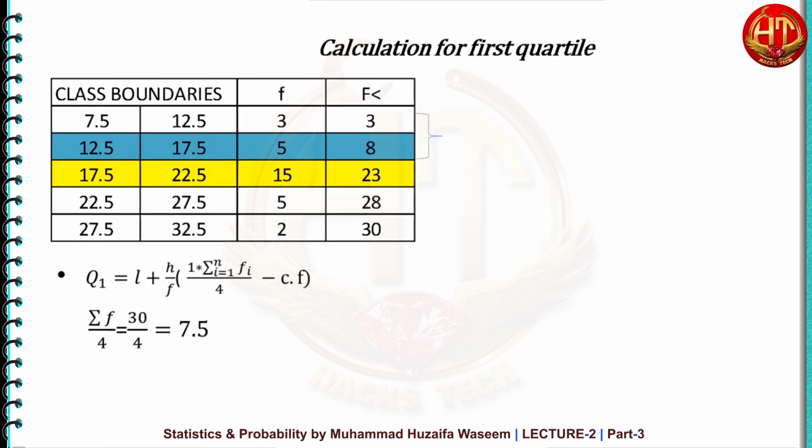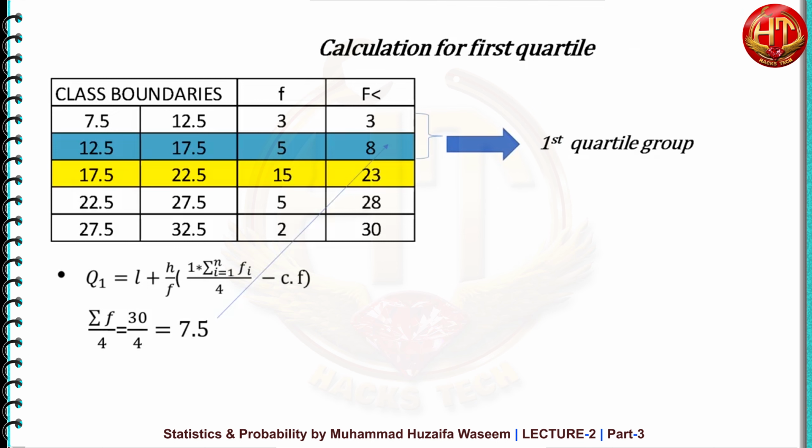So 7.5 lies between 3 and 8. So we consider the higher cumulative frequency, which is 8. Okay, this is your first quartile group.